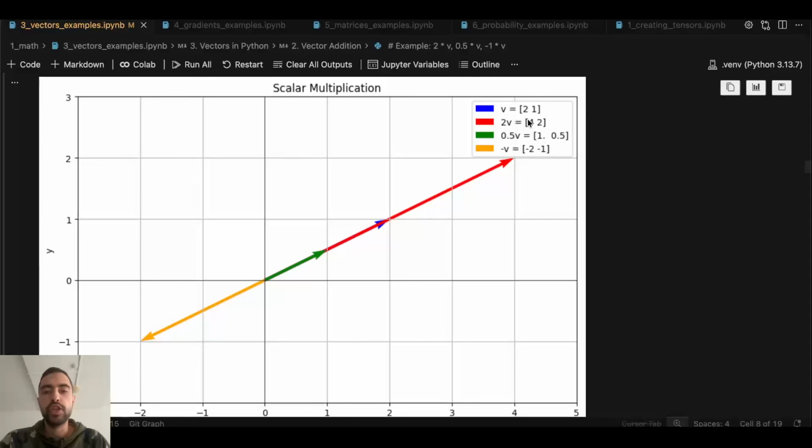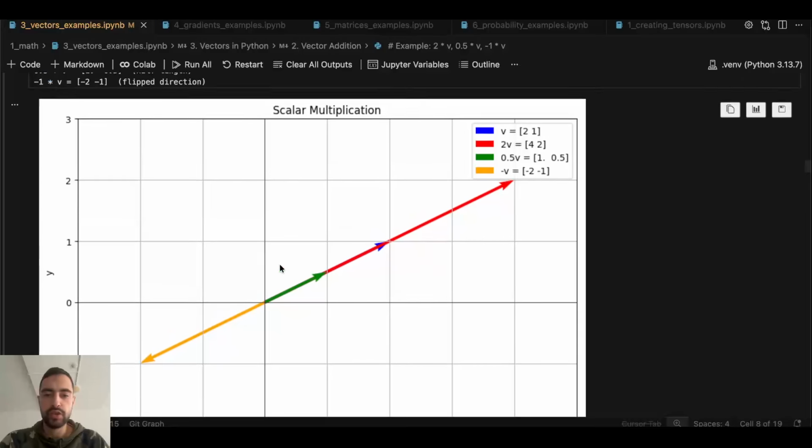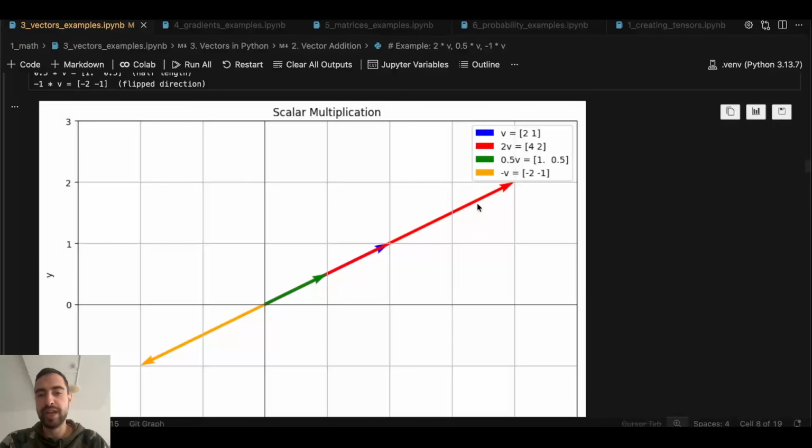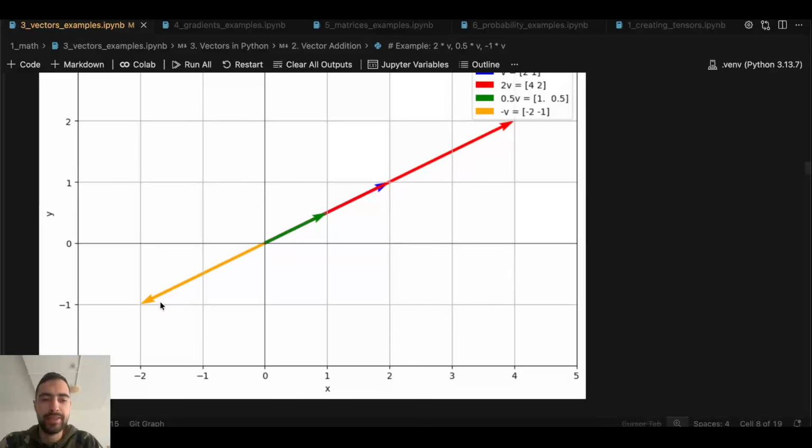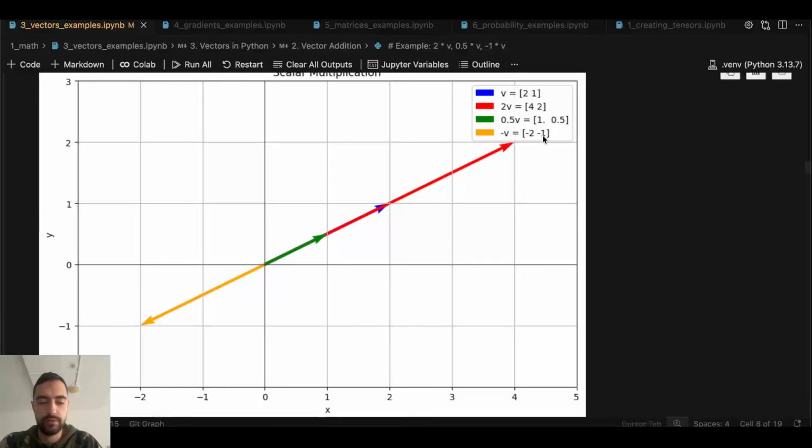So you multiply each of the elements. 2 times v is 2 times 2, it's 4, and 2 times 1, it's 2. The resulting vector will be 2 times longer, and it will have the same direction. Multiplying with 0.5 will make it 2 times shorter instead. Multiplying with minus 1 will have the same length, just the opposite direction. So it will be minus 2, minus 1.